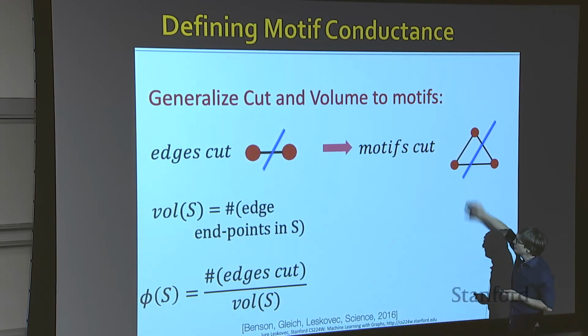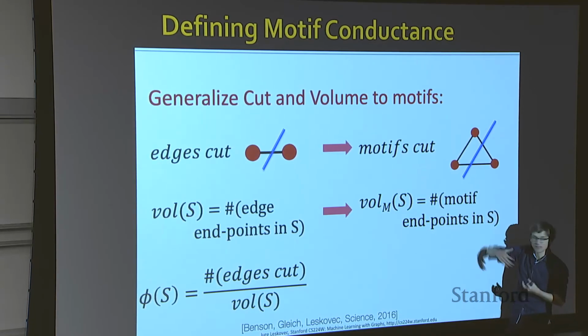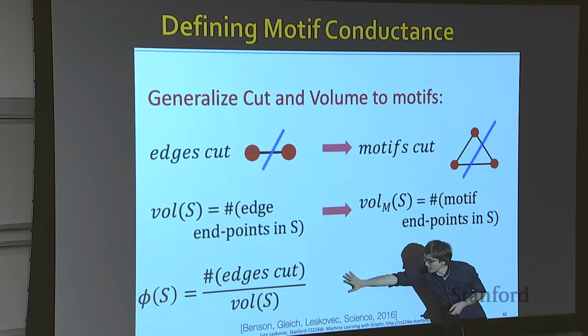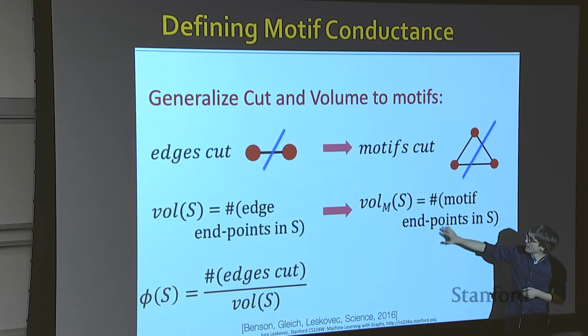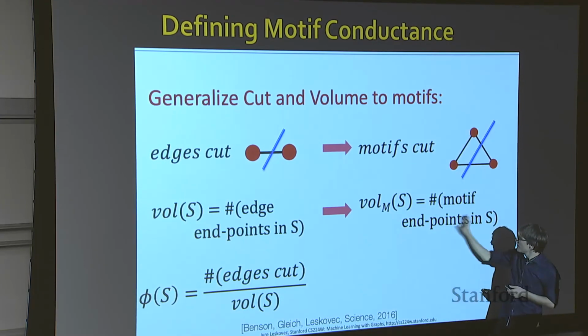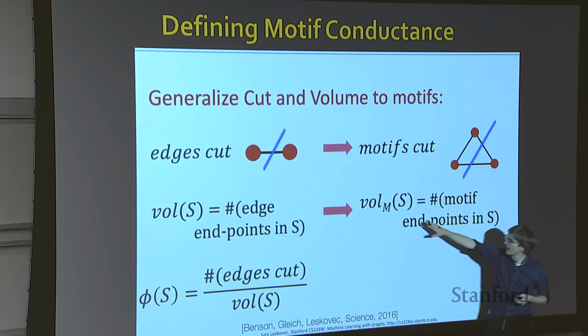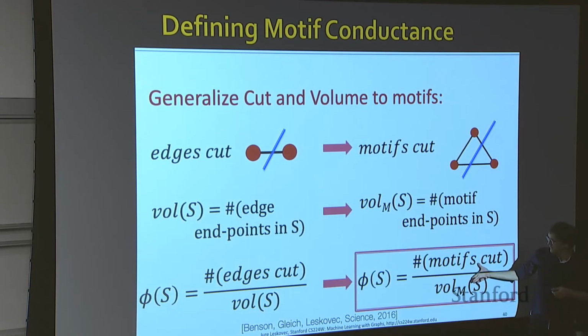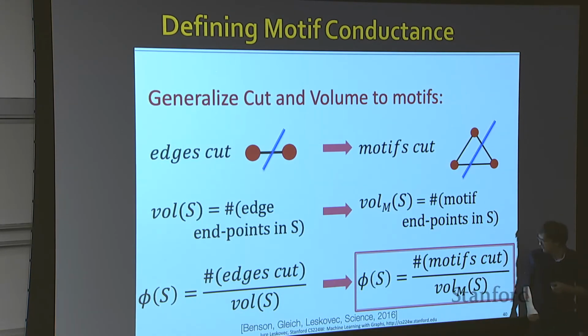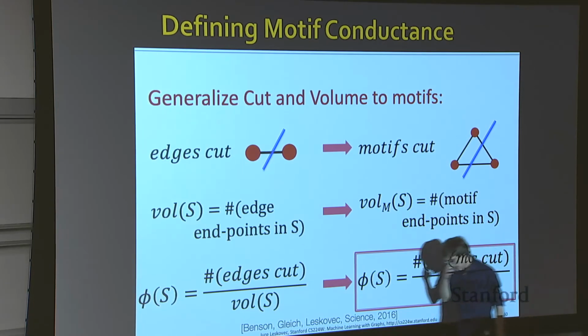So the cut of the motif will simply be the number of motif endpoints that get cut, right? So this is cutting the motif. And then the definition of the volume is just how many instances of the motif, or how many endpoints of the motif, are there in a given set. And then this motif-based conductance is the number of motifs cut divided by the volume, right?